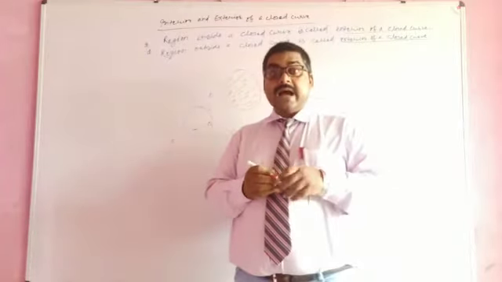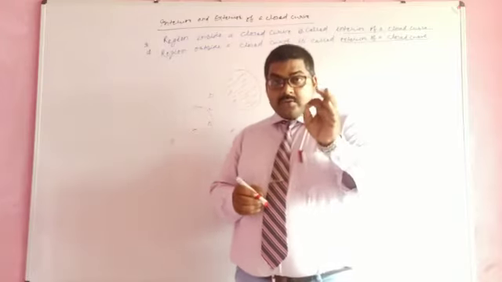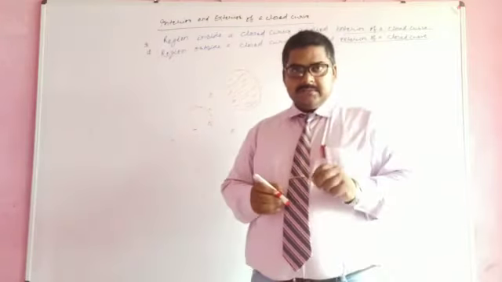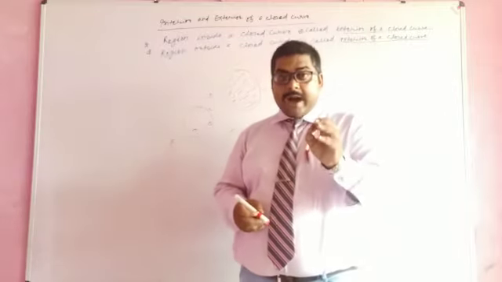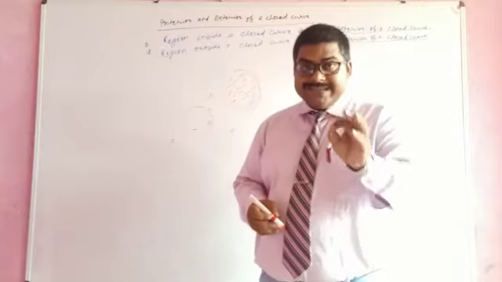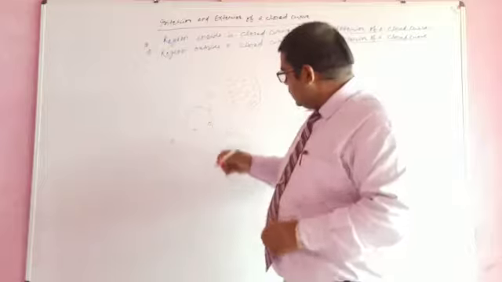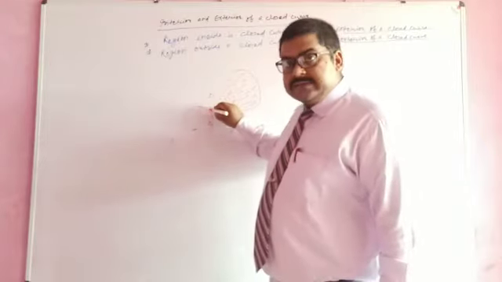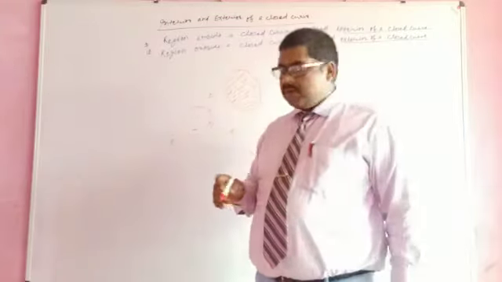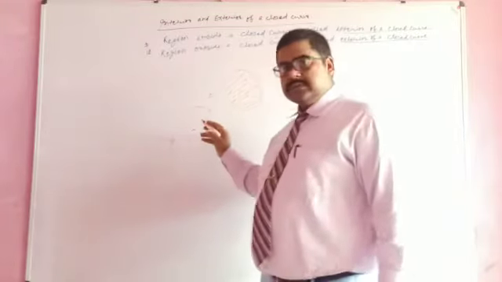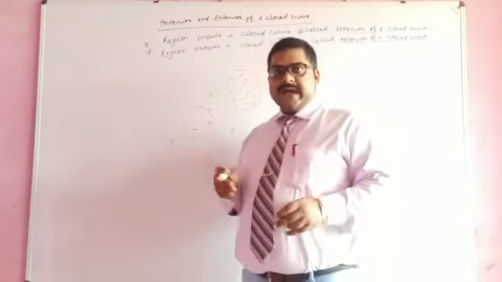You can also ask a question: if points are located on the boundary, neither inside nor outside, then what is the name? In the case of C, C is a point which is located on the boundary of this figure. It is neither inside nor outside.